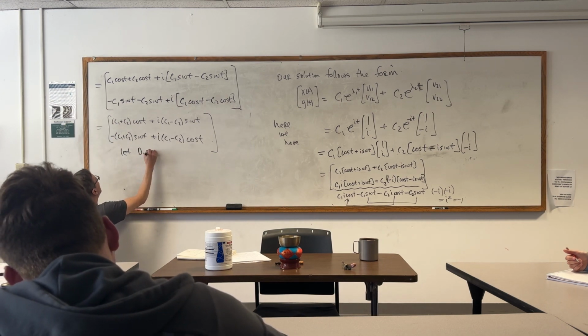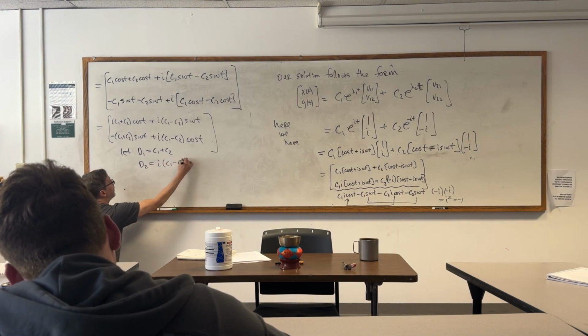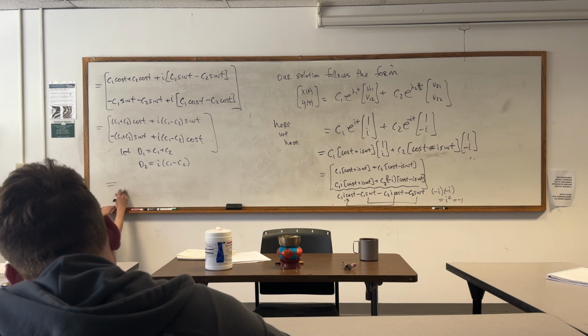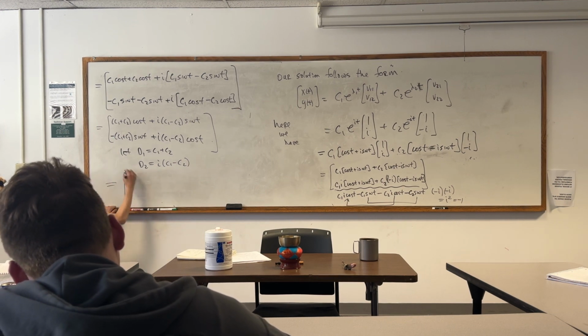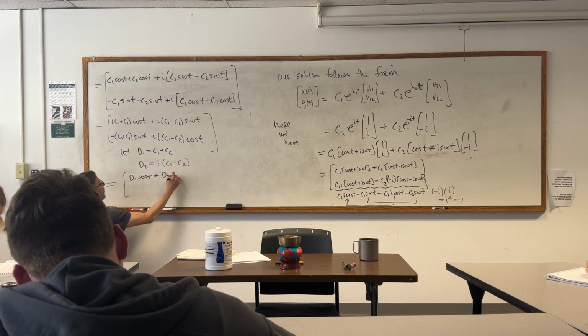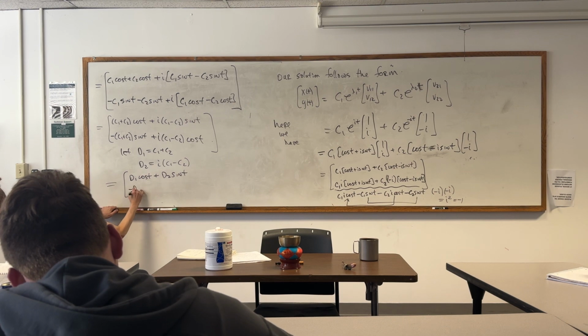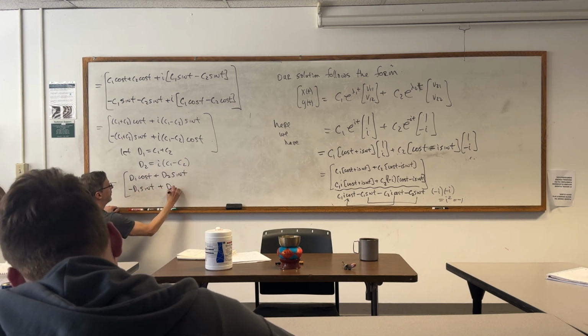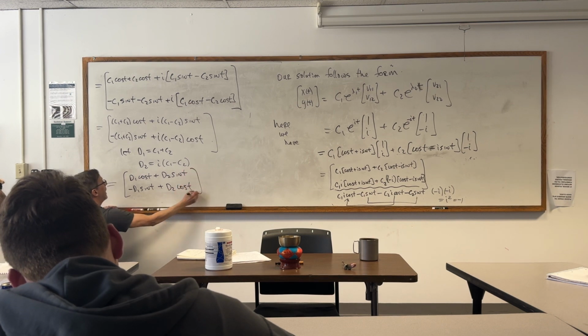So let D1 equal C1 plus C2. Let D2 equal i times (C1 minus C2). And we have got some really elegant looking stuff now. D1 cos plus D2 sine, minus D1 sine plus D2 cos. Huzzah!